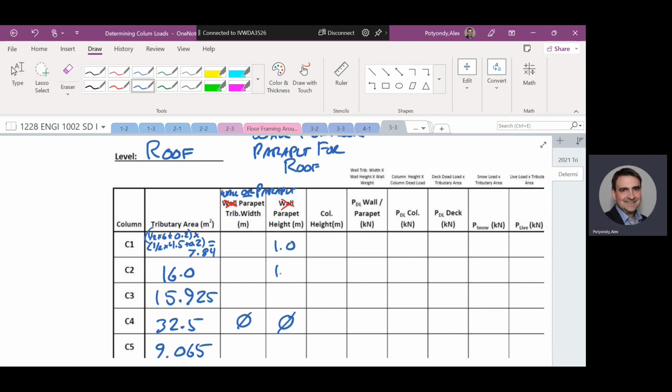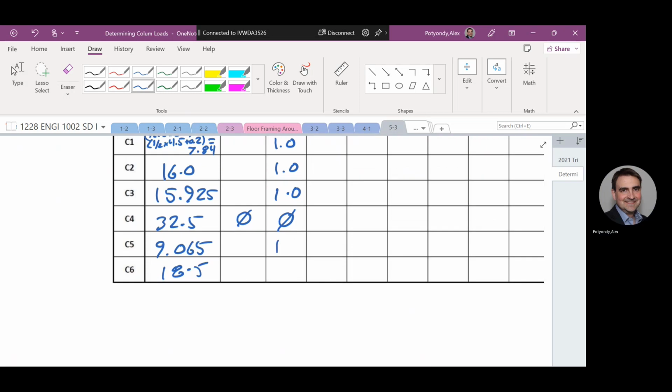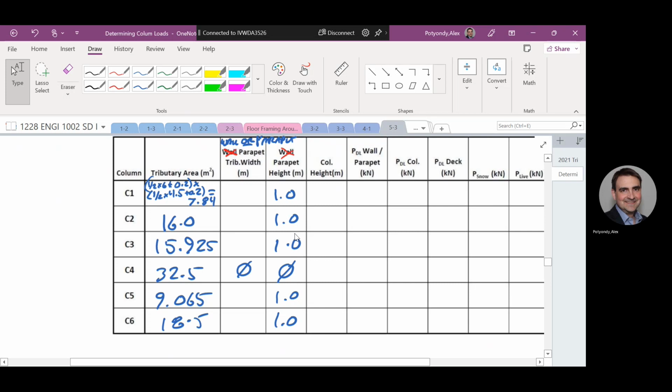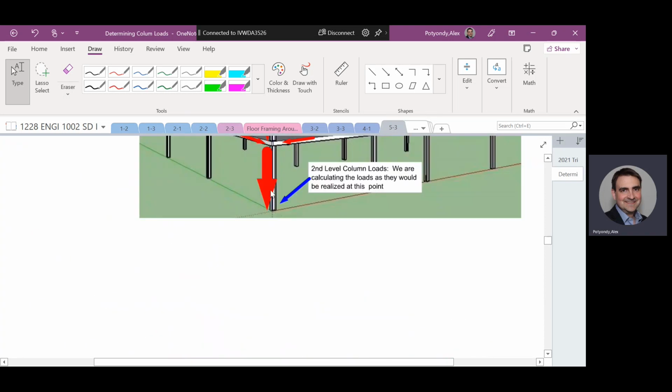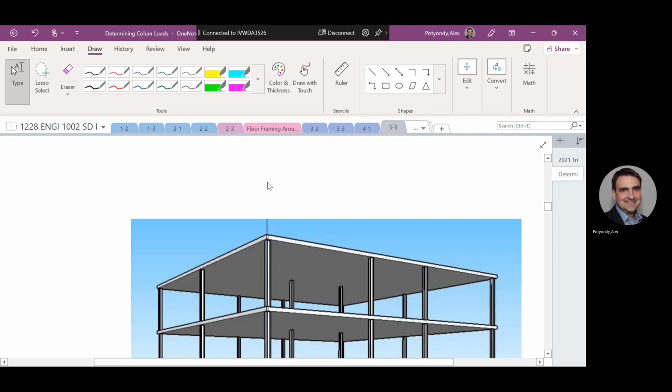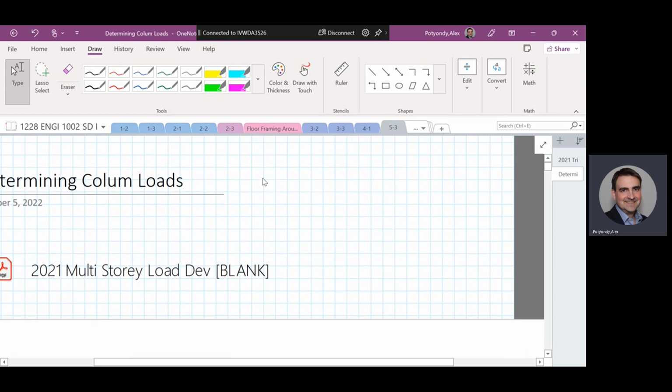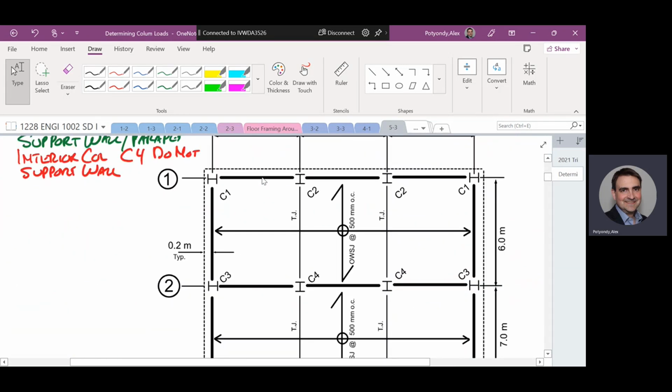The rest of them will support 1 meter in height of the parapet, because the parapet height is uniform all around the perimeter. So the next step now is how much width of that wall is it supporting, or parapet? That's where we come up here, and we're going to have to look at 5 columns.